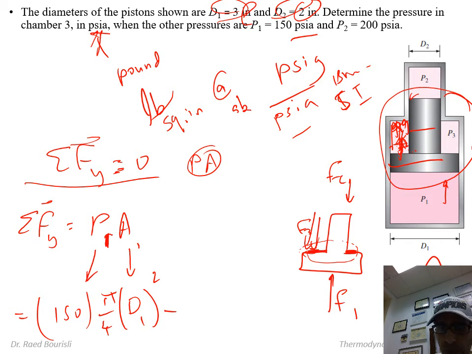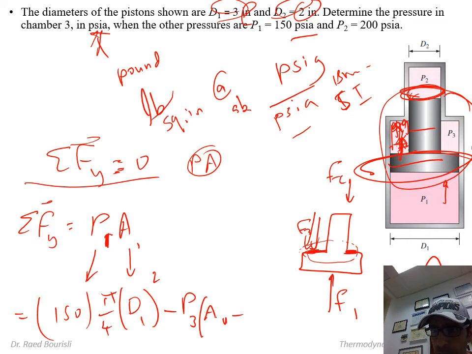So the summation: this is P3 times the area, which is this area minus this area. So this is like area 1 minus area 2. Area 1 is this guy.